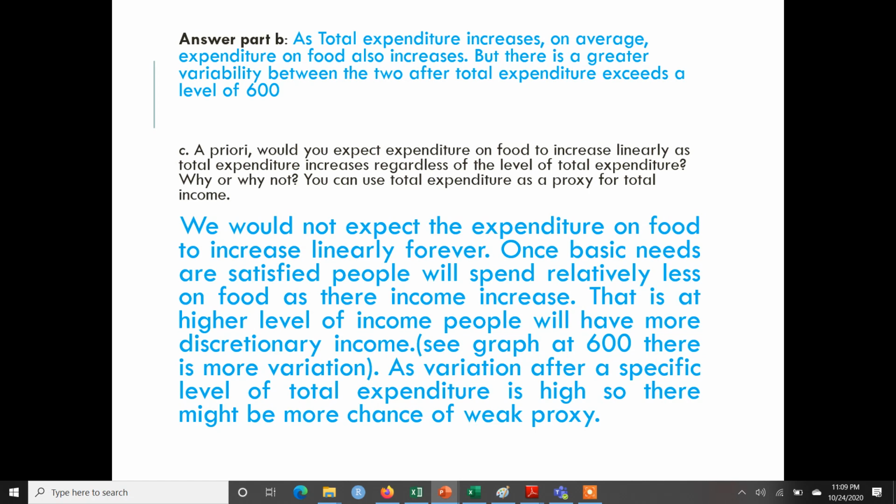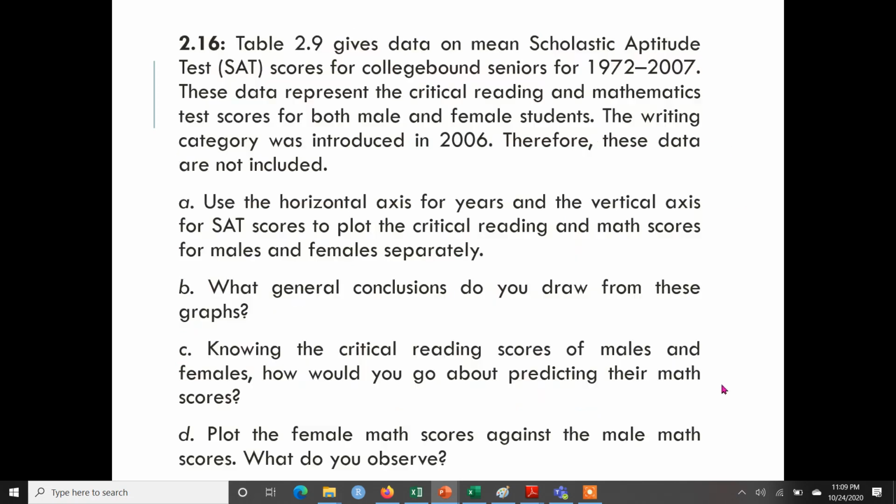But after a certain threshold level, if your income starts exceeding that particular point, then you may not be prone to increasing your food expenditure. Maybe you are going to use the increased income somewhere else, maybe purchasing a luxury car, or maybe saving more. So the food expenditure will not be increasing in a similar pattern.